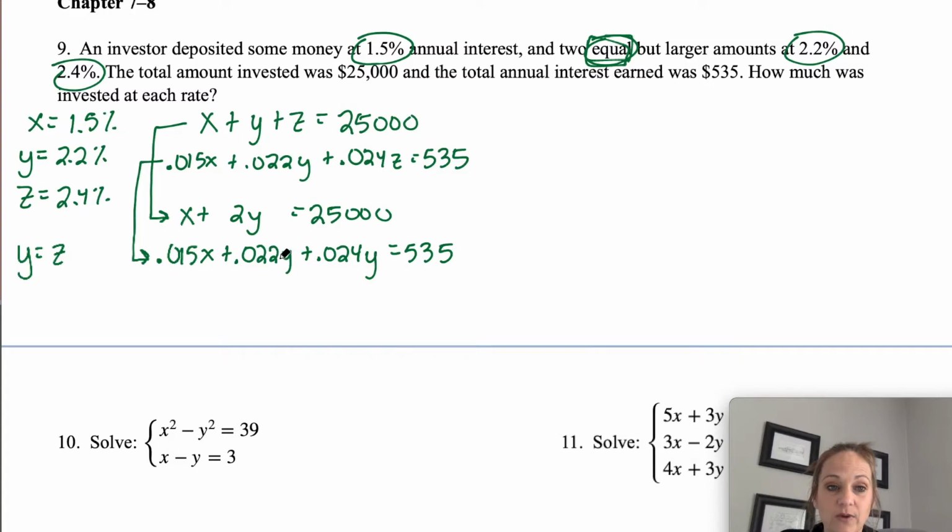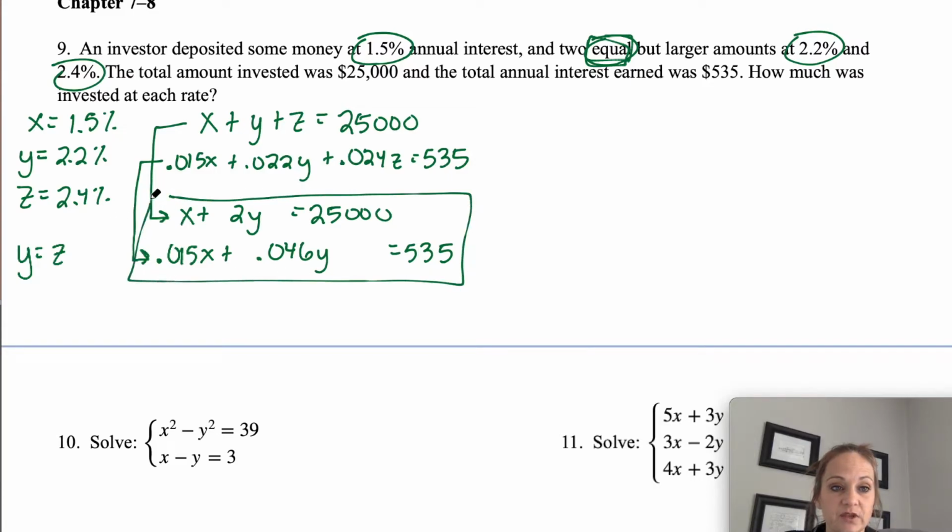And since you have a y and a y, I can go ahead and combine these two amounts together, which will give me 0.046y if I add the 0.022 and 0.024. So I now have two equations with two variables that I can plug into my matrix.